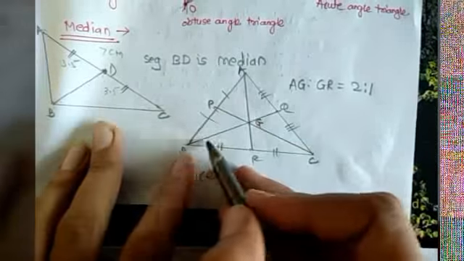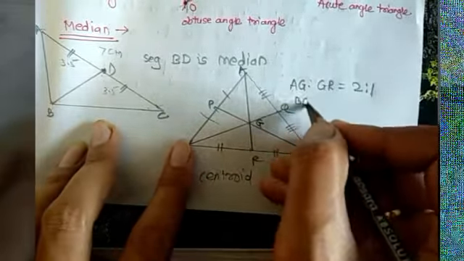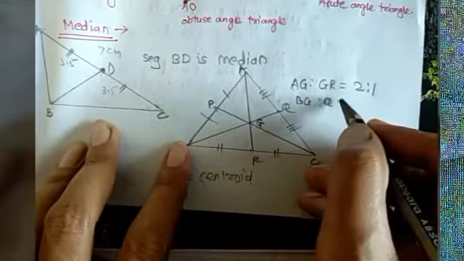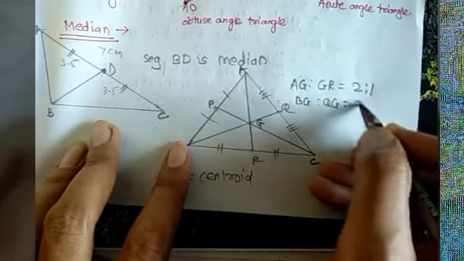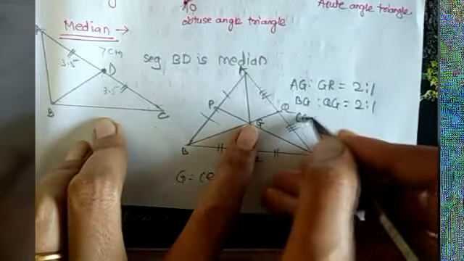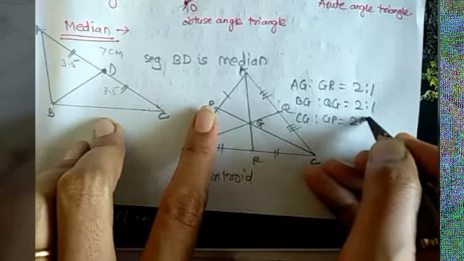Then BG is to QG is equal to 2:1 and CG is to GP is equal to 2:1.